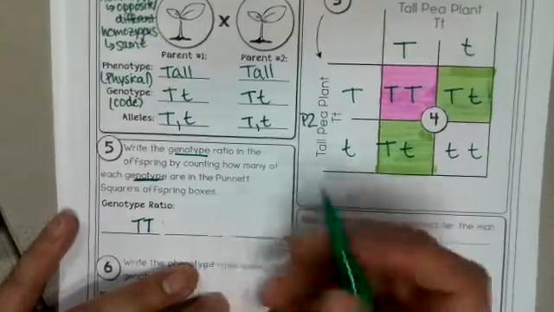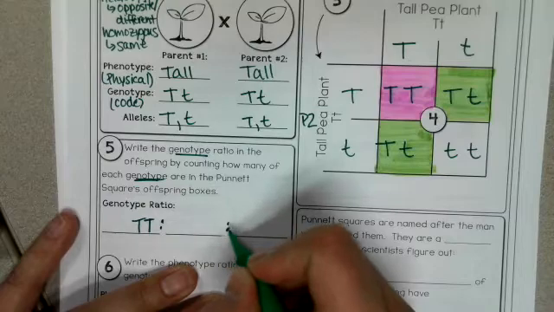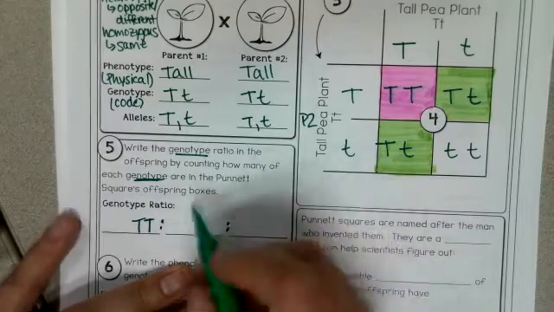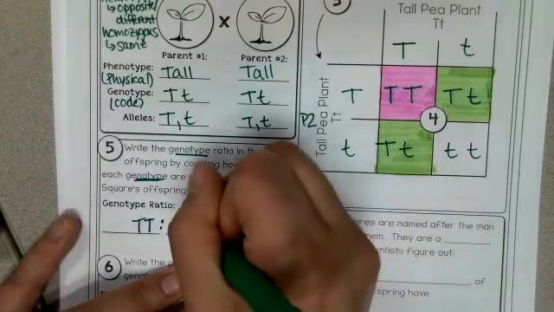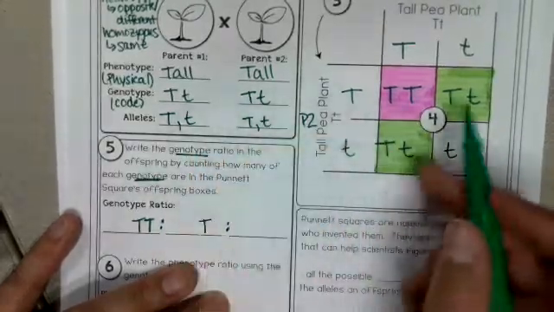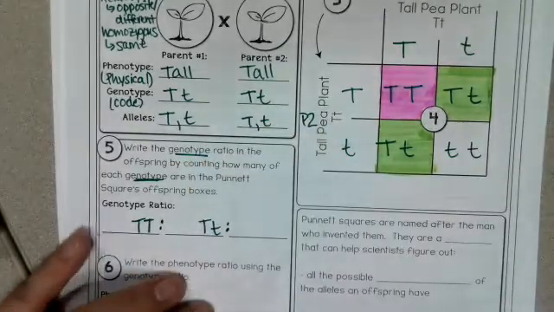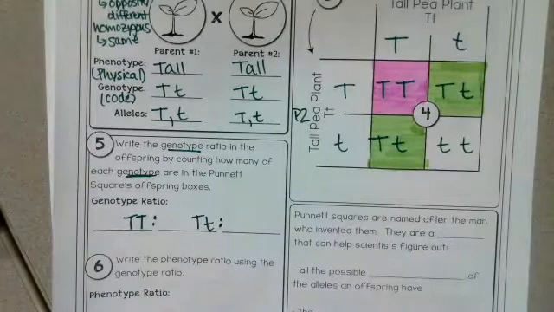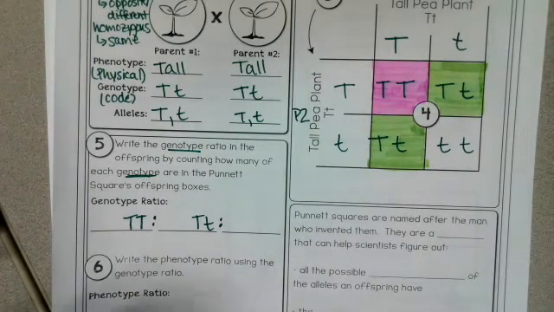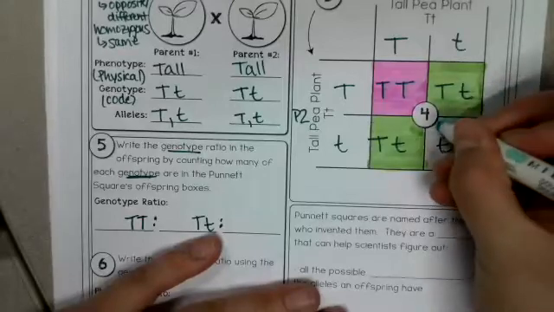So we need to add that into our ratio over here. Now, these little colons, those little dots, are going to separate the different types of alleles. I made sure you guys could see them. So again, we have heterozygous alleles here, so I'm going to write my heterozygous alleles over there. And the last and final type of genotype that we could potentially see with these babies is going to be that homozygous recessive.